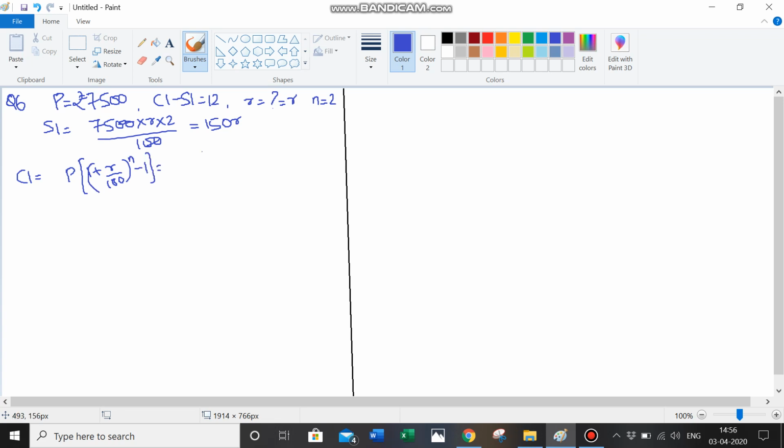So let's substitute values. 7,500 times 1 plus R upon 100 squared minus 1. This is equal to 7,500 times 100 plus R upon 100 squared minus 1.